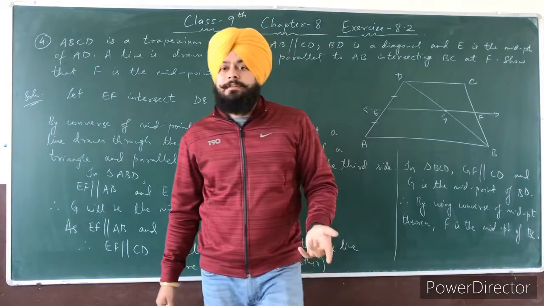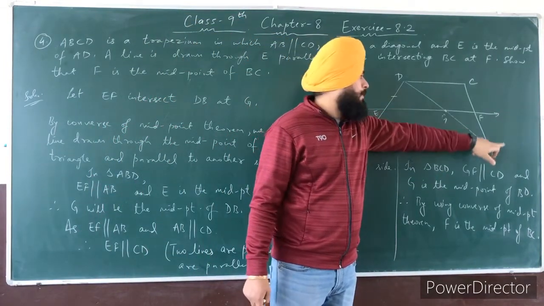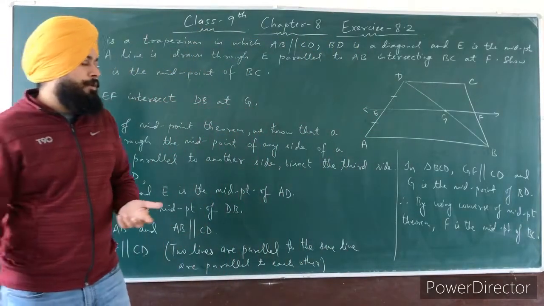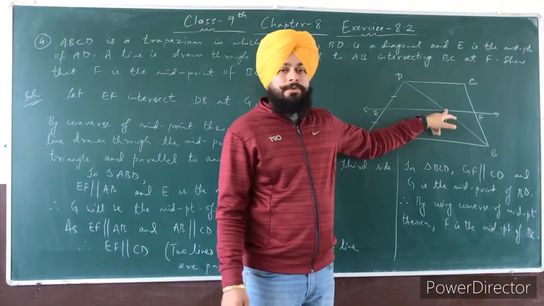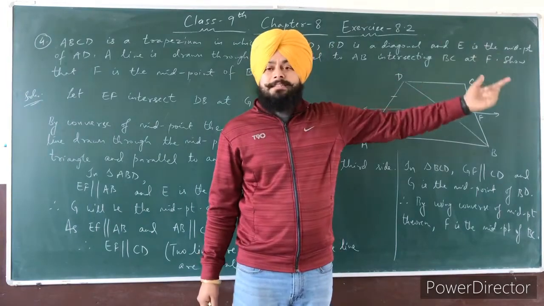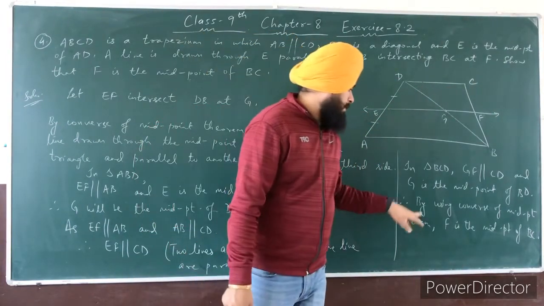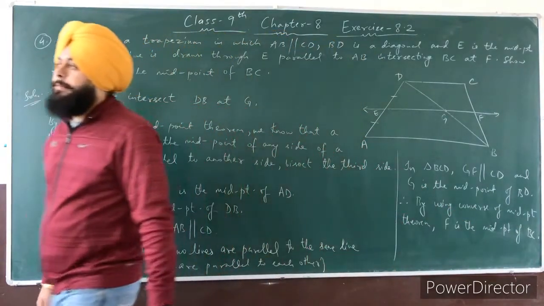So again by the converse of the midpoint theorem, F is also the midpoint of side BC. The converse of the midpoint theorem says a line drawn through the midpoint of one side of a triangle and parallel to the third side bisects the other side also. Clear? So by using the converse of the midpoint theorem, F is also the midpoint of side BC.